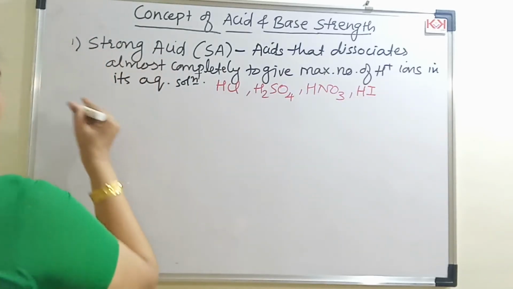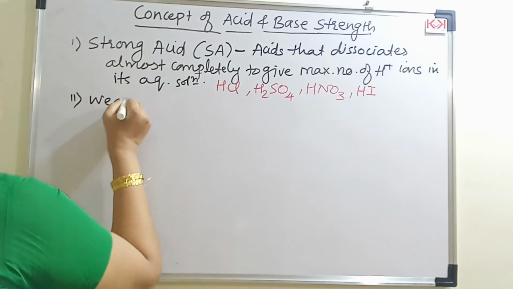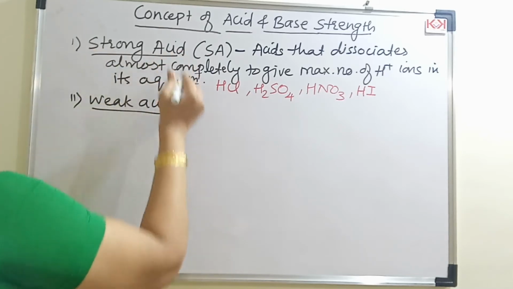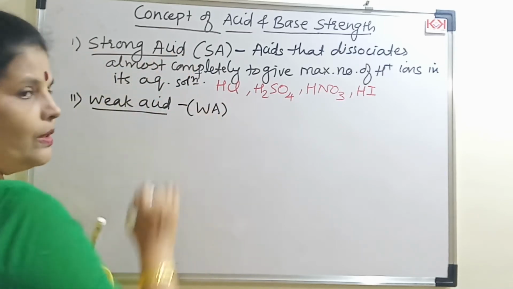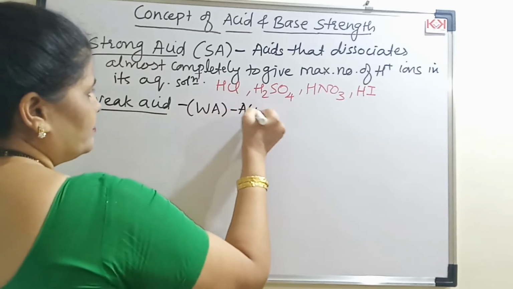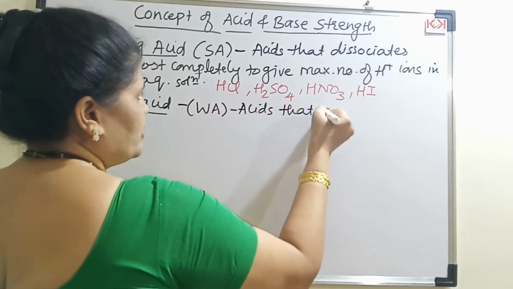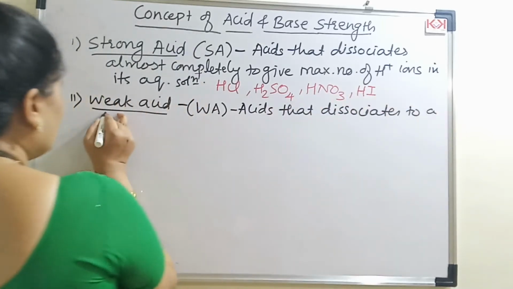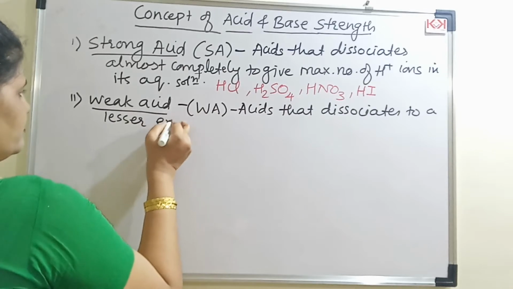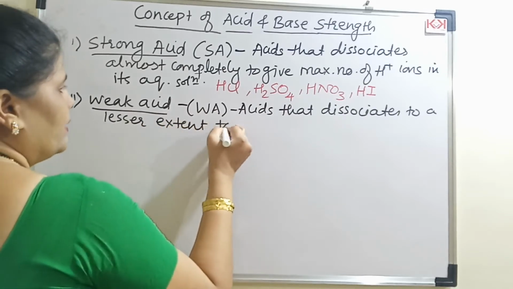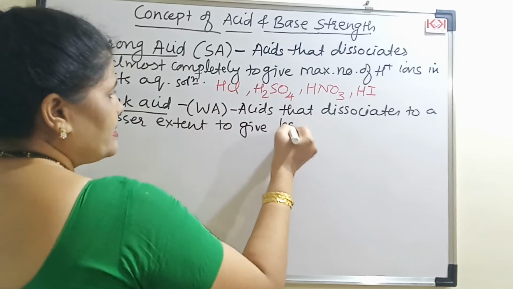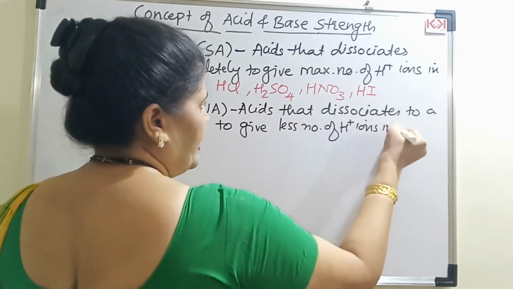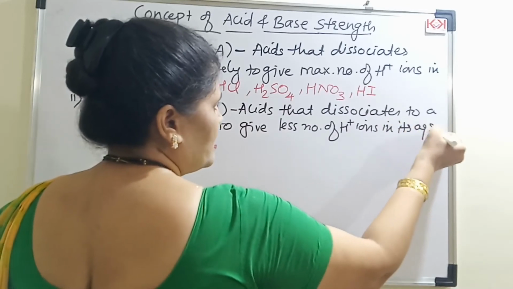Then what will be a weak acid? The definition will almost remain the same. Now weak acid, I will denote this by WA. So acids that dissociate to a lesser extent to give less number of H plus ions in their aqueous solution.